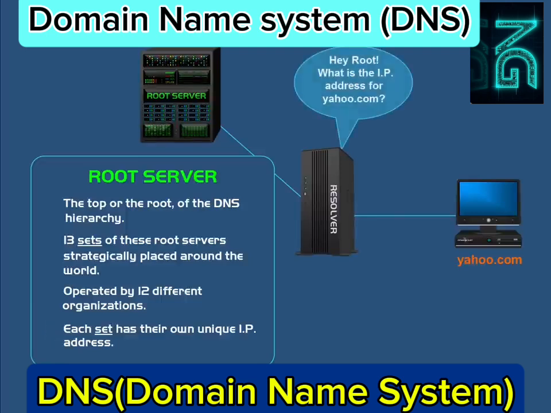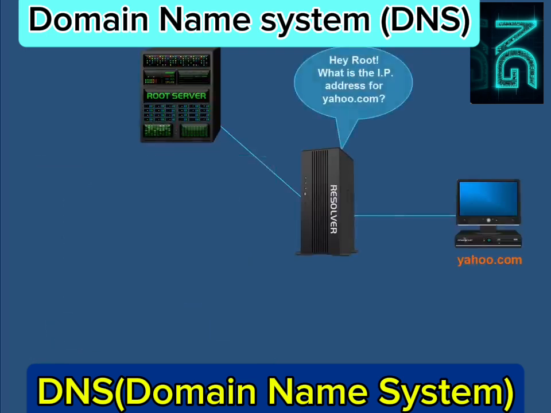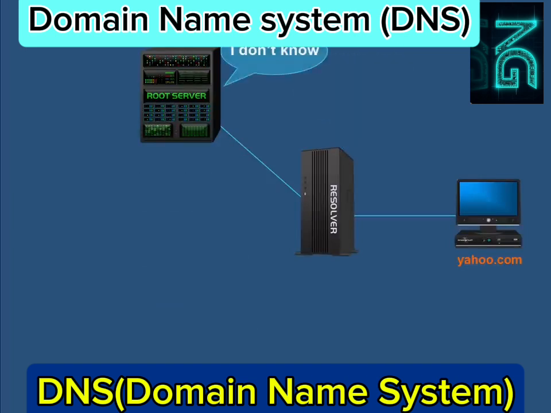So when the root server receives the query for the IP address for yahoo.com, the root server is not going to know what the IP address is. But the root server does know where to send the resolver to help it find the IP address. So the root server will direct the resolver to the TLD or top-level domain server for the .com domain.